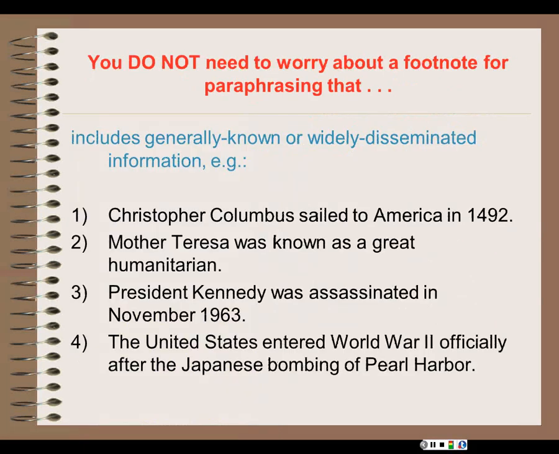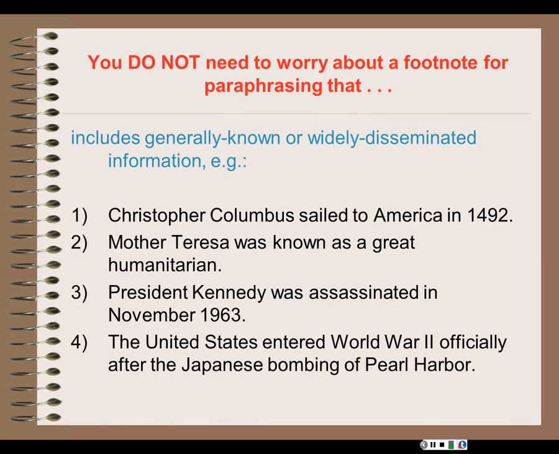Now, not to get fanatical about this, not to get obsessive compulsive about this, you don't have to footnote generally known or widely disseminated information. You know, and I give examples here. Christopher Columbus sailed to America in 1492. Mother Teresa was a great humanitarian. President Kennedy was assassinated in November 1963. The U.S. entered World War II after the Japanese bombing of Pearl Harbor.